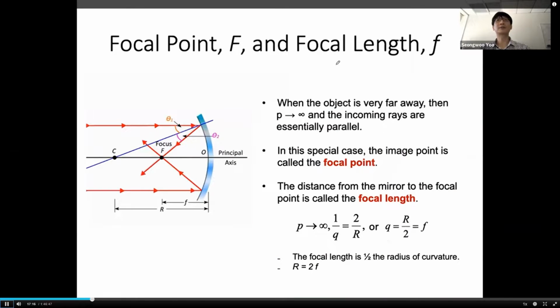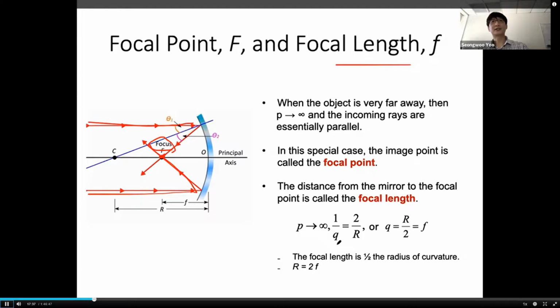Now, the focal point and the focal length are defined when the incident parallel rays are reflected through one singular point. Then this singular point is called the focus point, and the distance from the focal point to the surface is going to be f, which is the focal length.